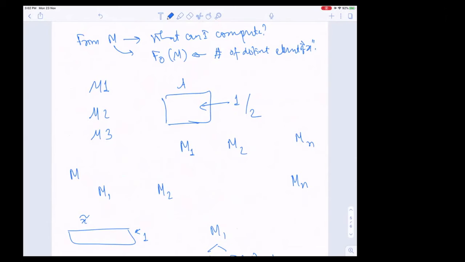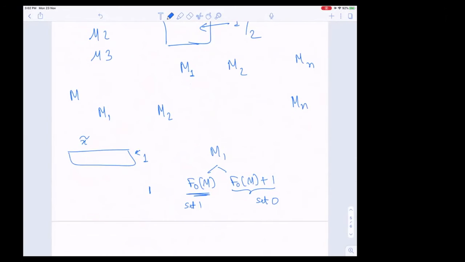This procedure is a unique way of decoding, so it is only going to give me one particular string.